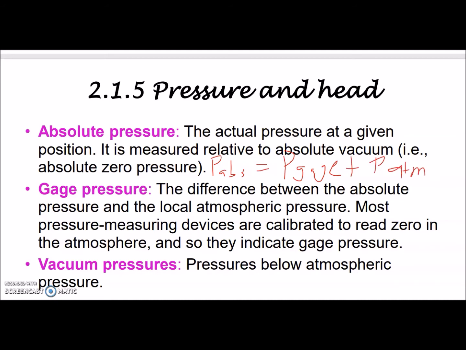Gauge pressure is the pressure in fluid, or we can calculate gauge pressure as absolute pressure minus atmospheric pressure. Vacuum pressure is pressure below atmospheric pressure.